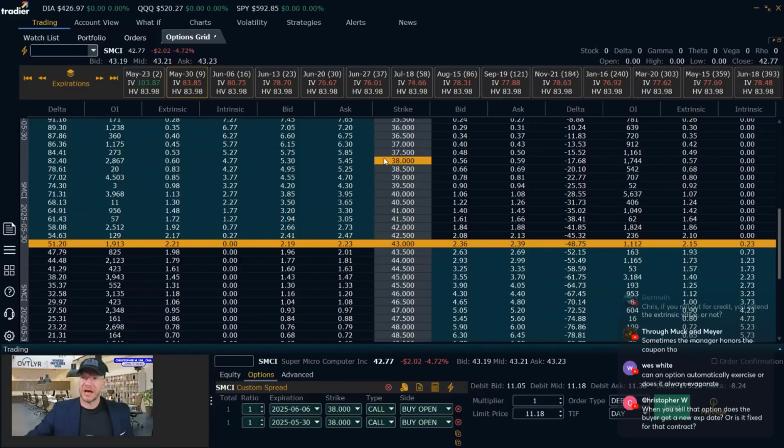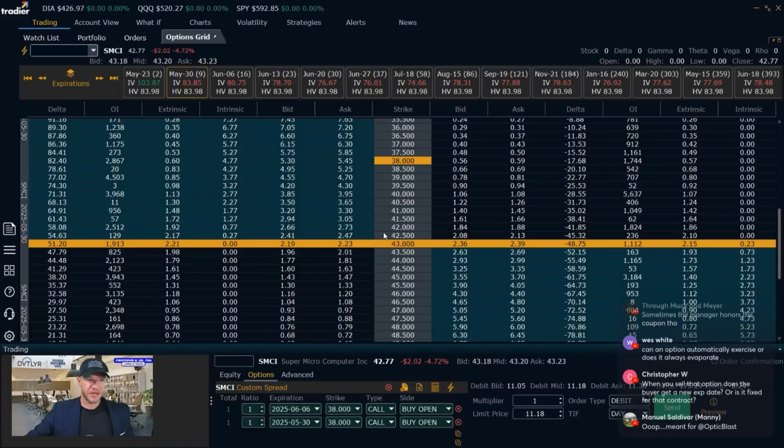So I'm buying the option, the choice to buy it at 38. Now I have to pay for that option, because we're not getting it for free. It's the 38 price plus how much I'm paying for it that we're really looking at.